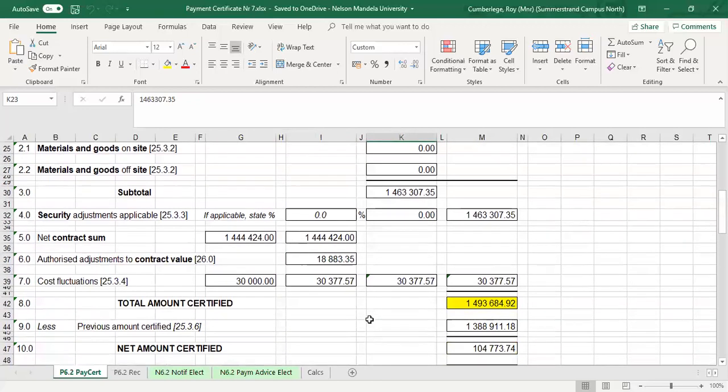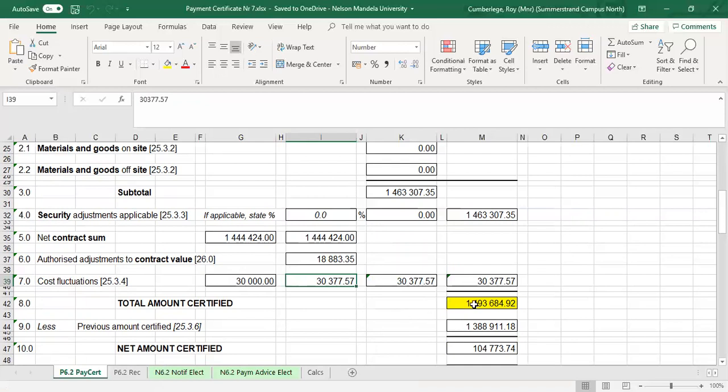We also did final escalation, so that 30,377 is your final escalation, which is the main contractor plus the nominated subcontractor, the electrical contractor. If you add up those two figures, that will give you 30,000 rand. So all three of them in columns B, C, and D remain the same.